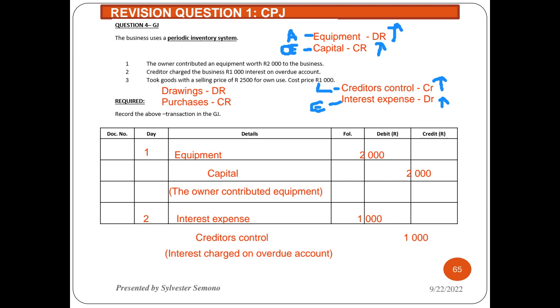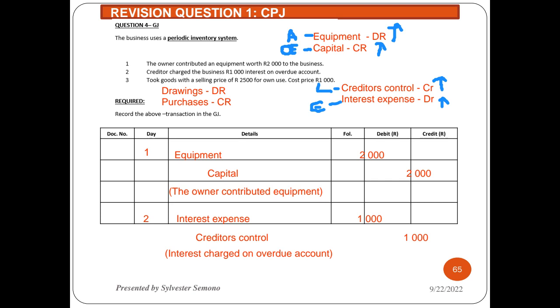And then number 3 there, guys, I'm just going to squeeze everything here because of space. I'm going to start with which account? Obviously, I'm going to start with drawings. Which amount will I use between the two amounts? I've got two amounts there. The 1,000.